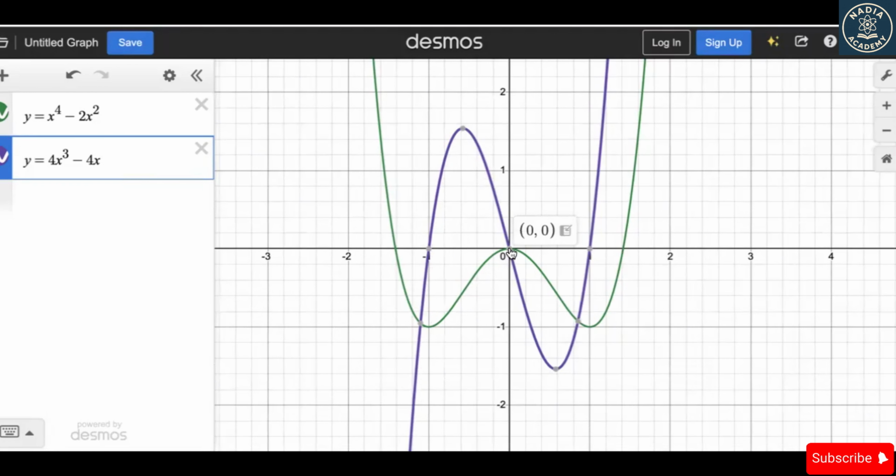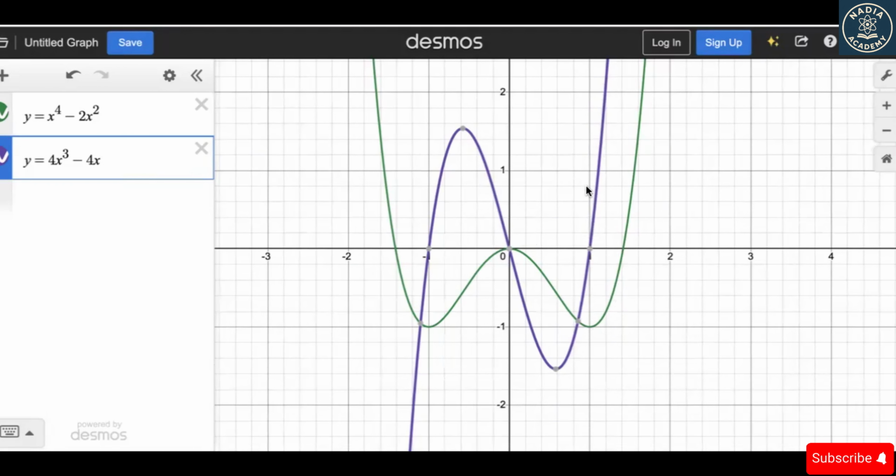Where it is 0, we have our turning point, and above it the gradient is negative up to 1, where the function changes its gradient from negative to positive, and afterwards it is positive.